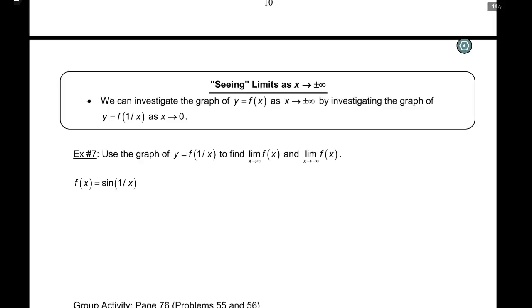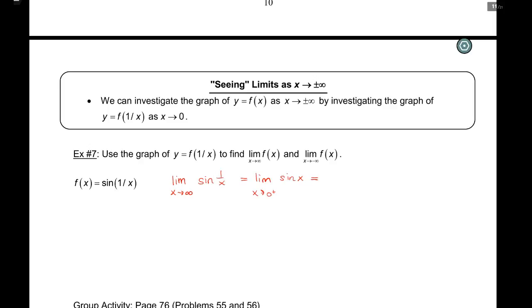So if I want to find the limit as x approaches infinity of sine of 1 over x, I can change that to be the limit as x approaches 0 from the right of sine x. Because we know what sine x looks like, right? It goes through 0.